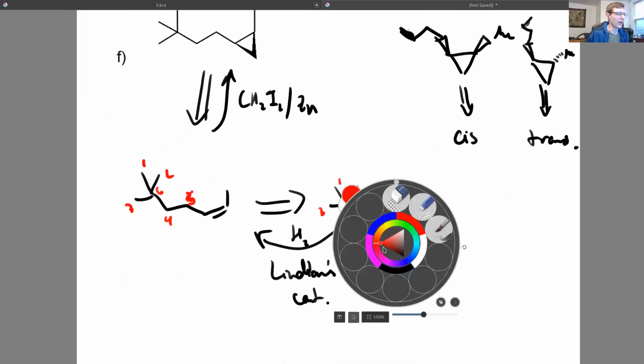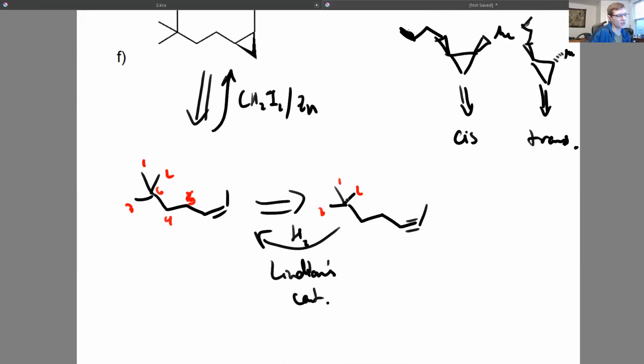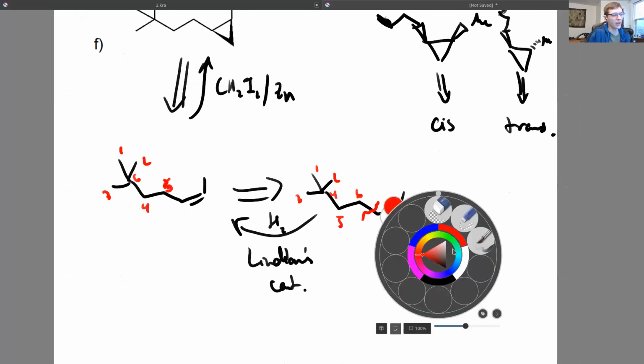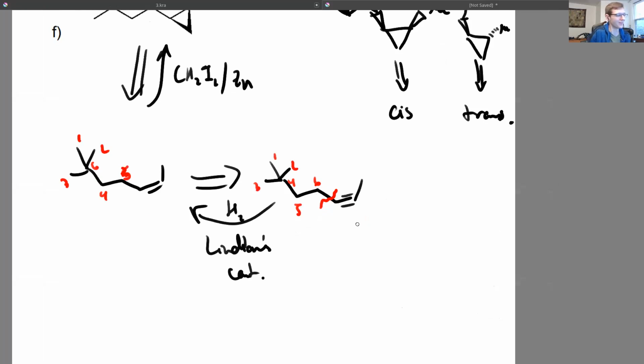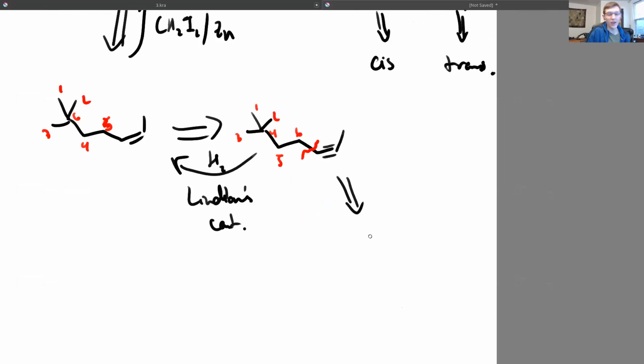Anyway, I actually missed a carbon when I was counting the first time, so here, 1, 2, 3, 4, 5, 6. So we break our bond right here. So this is SN2 again, right?